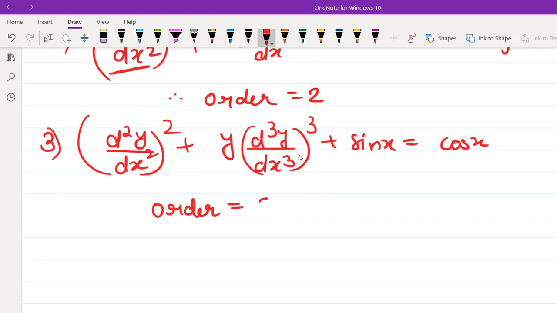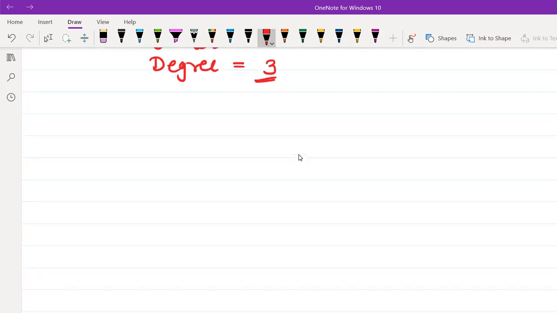Therefore, the order is going to be 3. And we look at the power of the highest order derivative. In this, the highest order derivative is this and its power is 3. Therefore, the degree of this differential equation is going to be 3. I hope how to identify the order and degree of a given differential equation is clear to everyone.